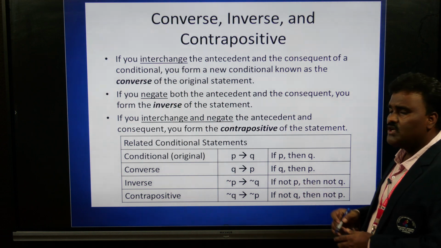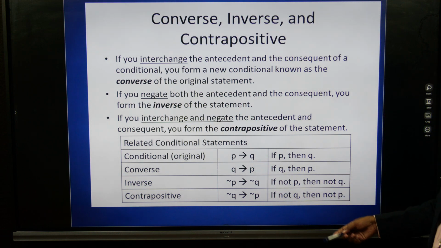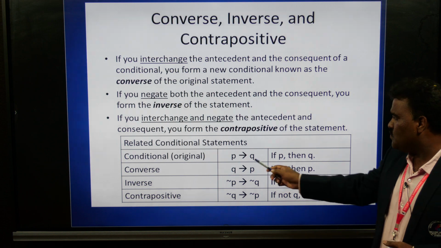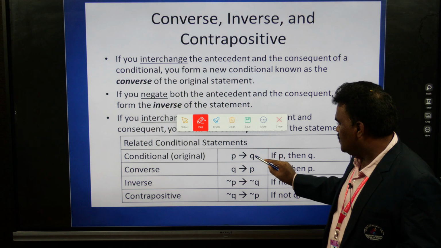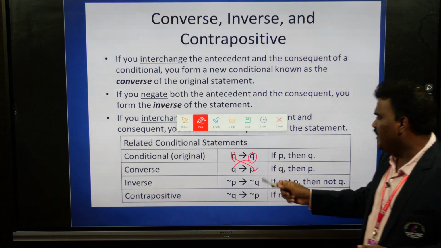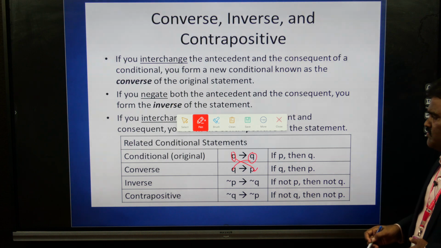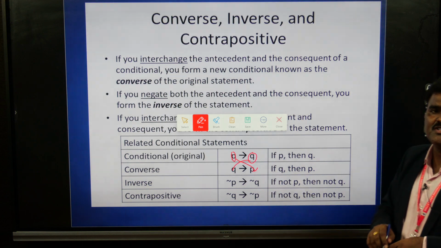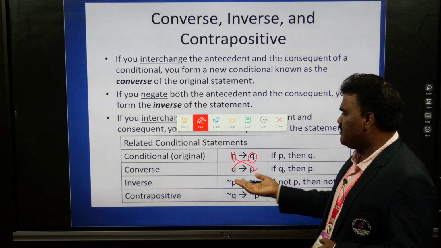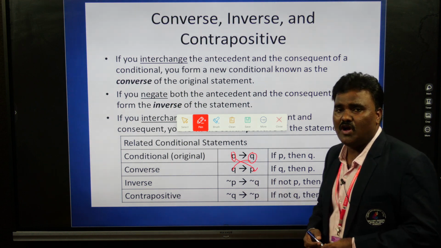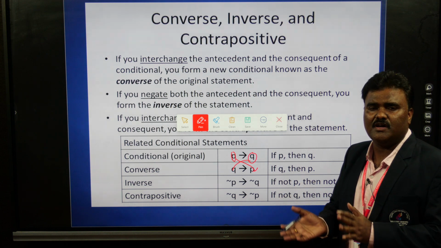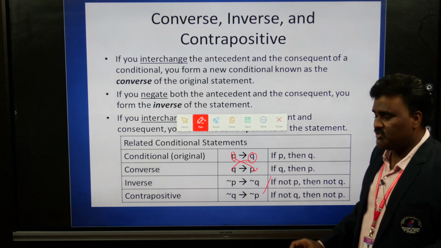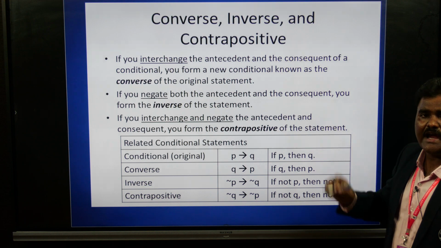See here, the original conditional statement is P implies Q, if P then Q. The converse means we interchange P and Q. The inverse means we give the negation on both statements of the original. The contrapositive means first you interchange both statements and then give the negation on both, and such statements are said to be contrapositive. In that way, we represent the converse, inverse and contrapositive.